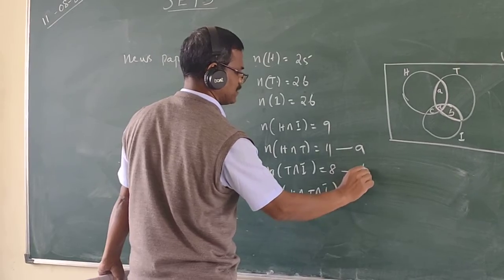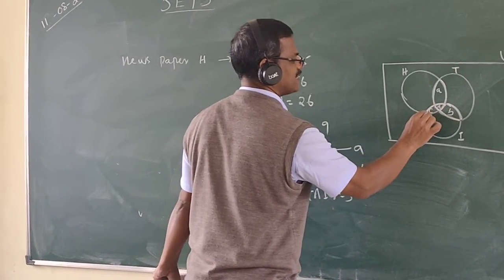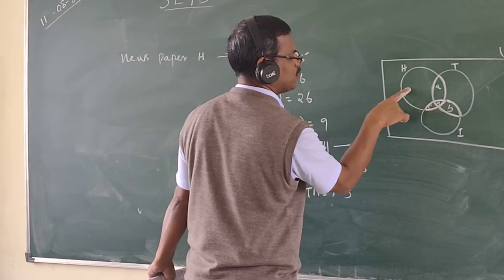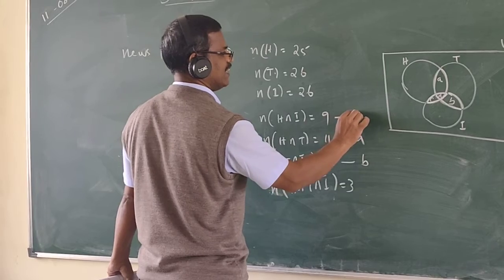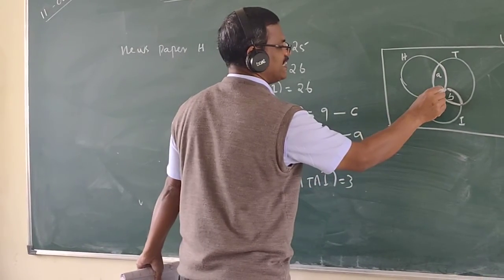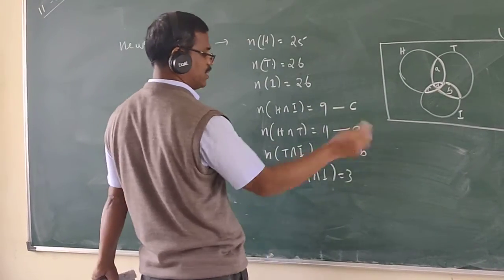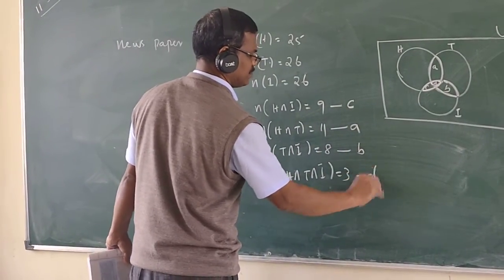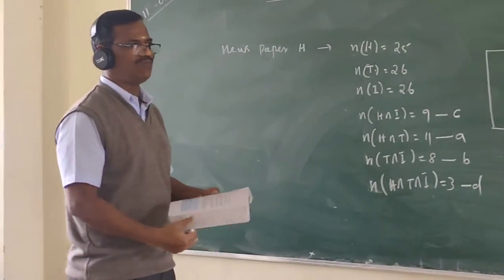C is Hindu and Indian Express, H and I. And D is the common portion of all 3. When you have that expression here, it will be easy for you to work out the question.